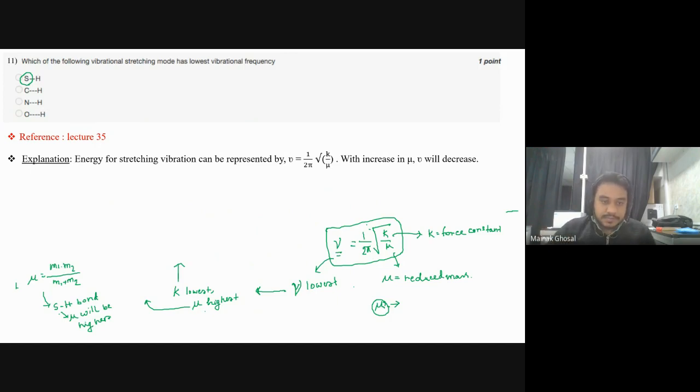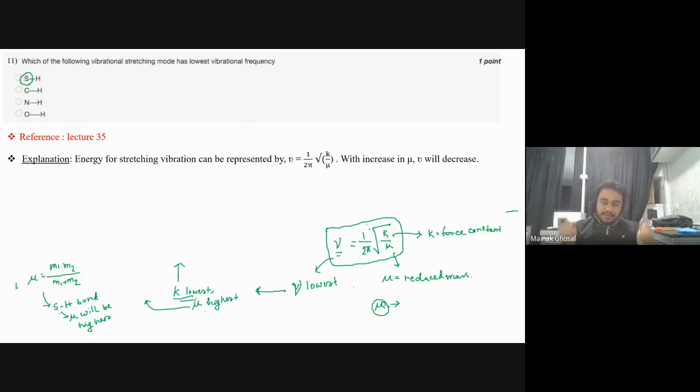Now to find the value of k: if you go through the periodic table, S is a third period element, and all the others are second period elements. If the period increases by one, then the bond length will increase. So if the bond length is increased, k will be very low.